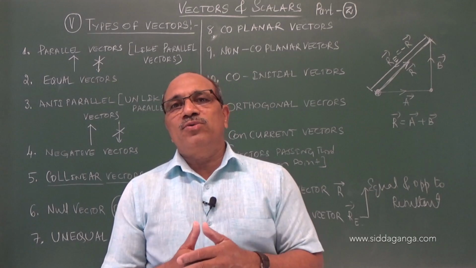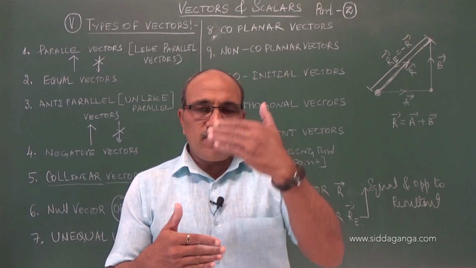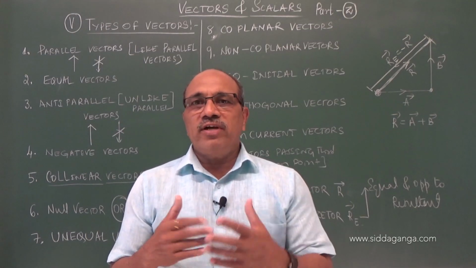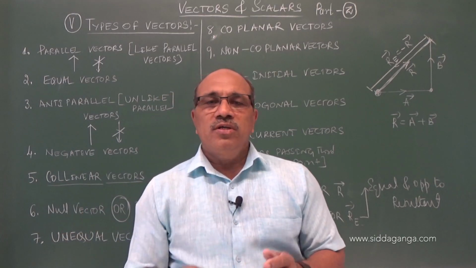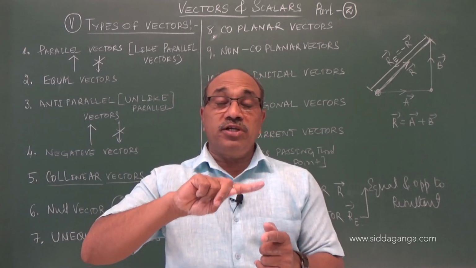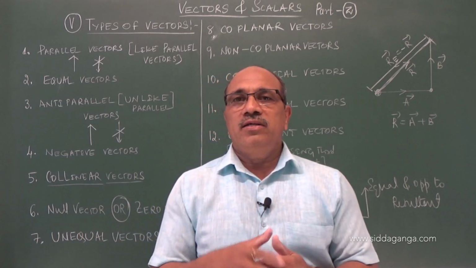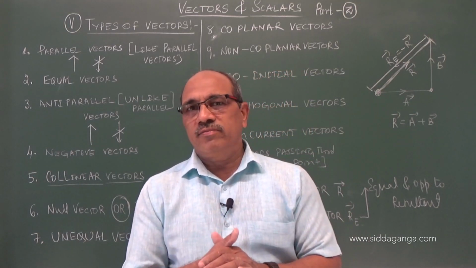Third, we came to translation of vectors. Remember, in a plane you can slide a vector to any position and the vector does not change. Even in rotation, if you rotate a vector through an angle of 2 pi n, a multiple of 2 pi, the vector does not change.